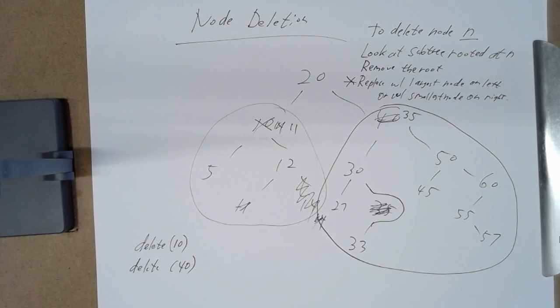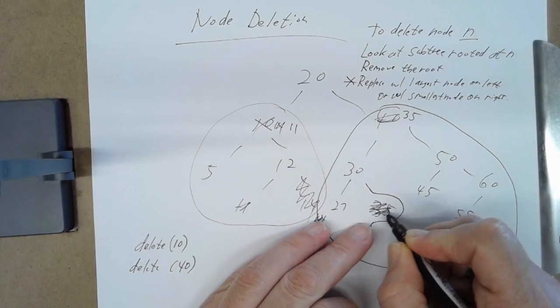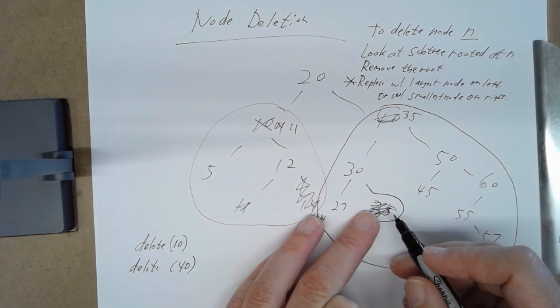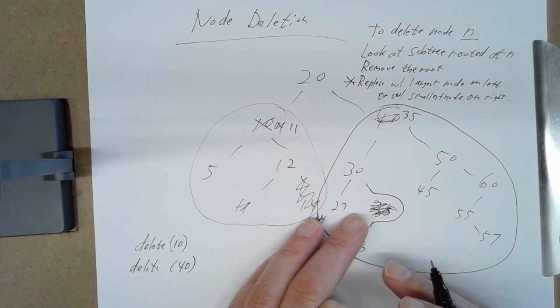Because we picked the largest node on the left, whichever node we pick cannot have a right child. Because if it had a right child, that node would be bigger, because bigger things are to the right. So the node that we choose to move to the root will not have a right child.